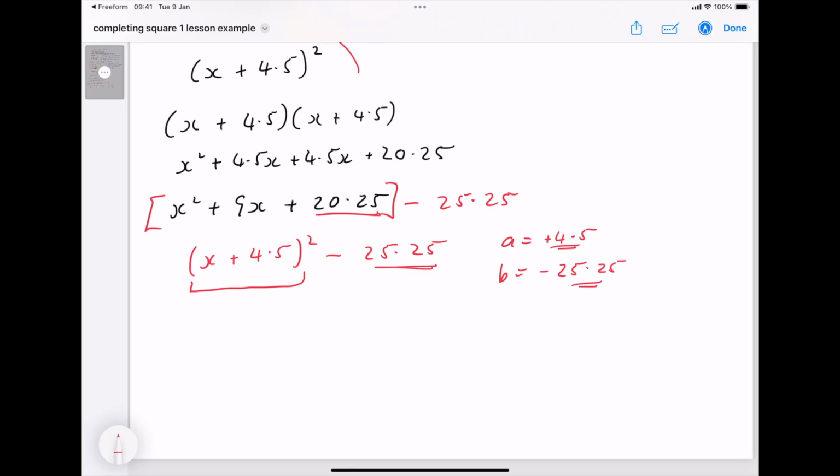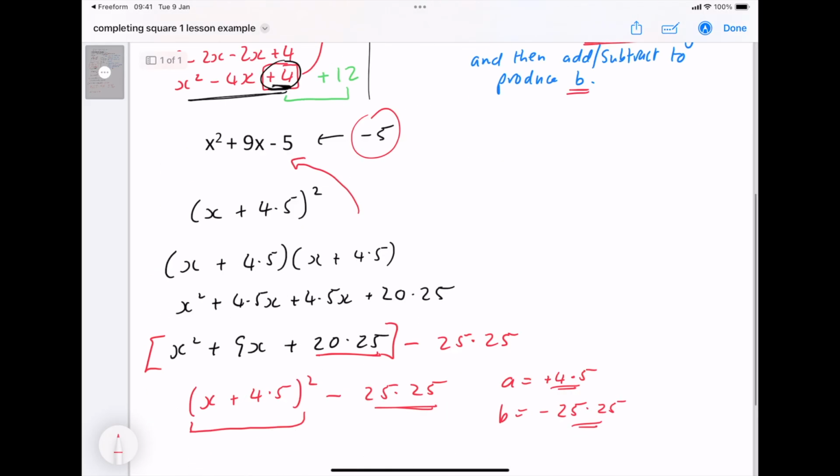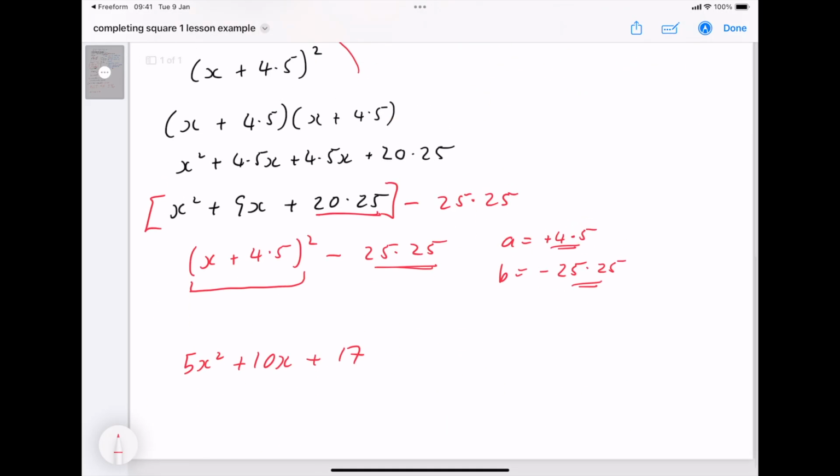In the next video, we're going to look at a quadratic where, for example, you've got a number for a greater than 1, so say 5, for example, plus 10x plus, say, 17, and how this particular type of quadratic is factorized using completing the square. And it's quite similar to that, except you actually have a third number.